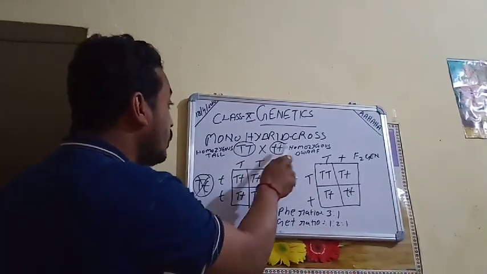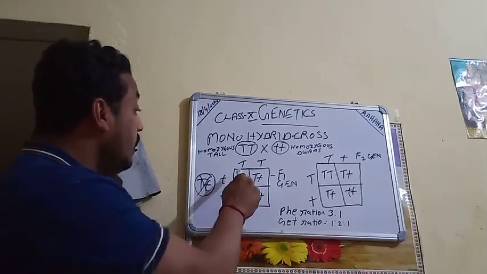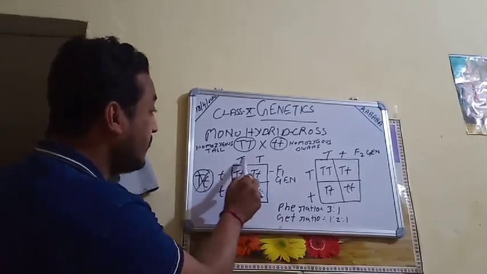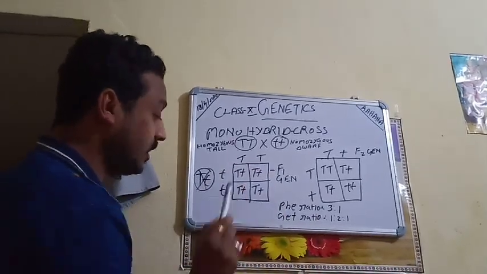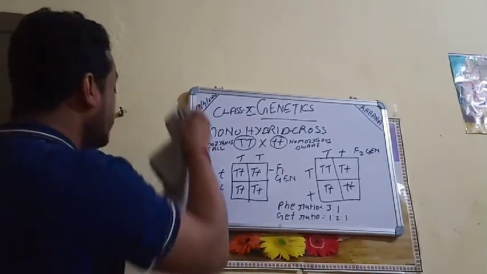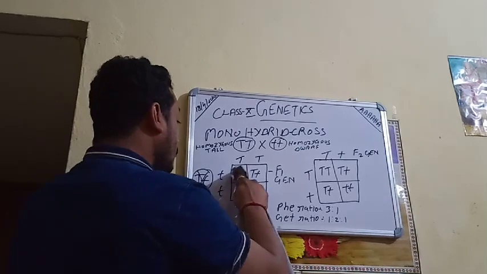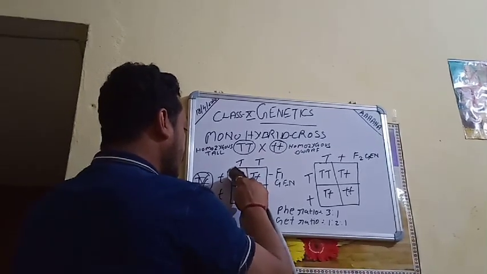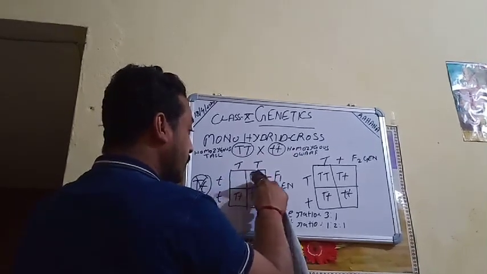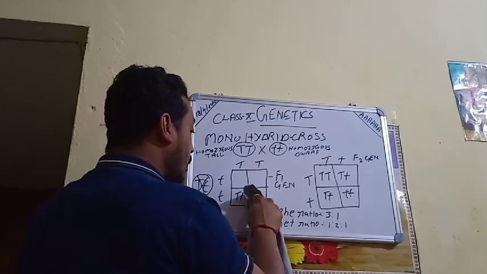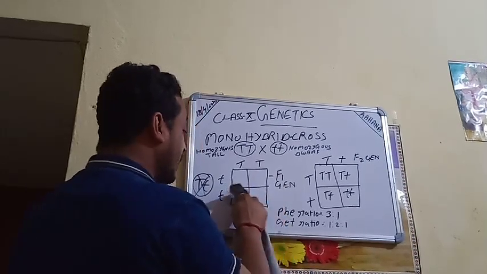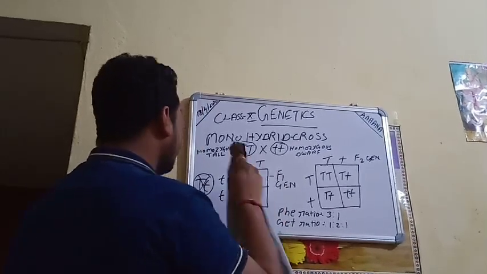So capital T cross small t. Now we made the Punnett square, capital T, small t. And for your consideration, again I am making the cross. You please see to it, so that you do not make any mistakes or have any difficulty.